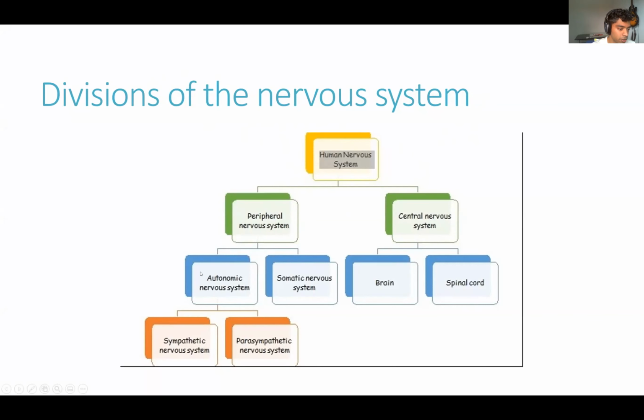Then the autonomic nervous system is all the automatic stuff, and that's further split into the sympathetic and parasympathetic nervous system, where the sympathetics are the fight and flight, and the parasympathetics are the slow down, rest and digest. And a good way of remembering that is that parachutes slow you down. So parasympathetic would be rest and digest.